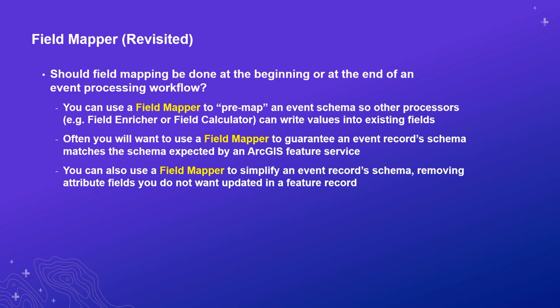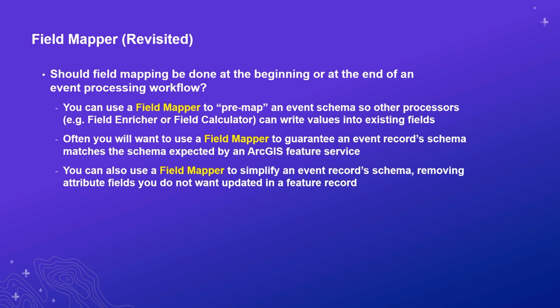On the other hand, you will often use a field mapper as the very last processor in an event processing workflow because you need to adjust the schema of an event record to match the schema expected by a feature service. If you route event records to an output that requests a feature service add or update feature records, and the feature service does not recognize the fields in the request, the feature service will simply reject the GeoEvent server's requests.